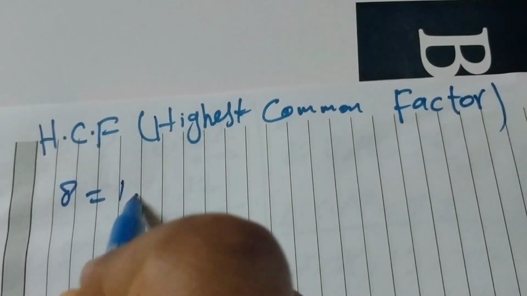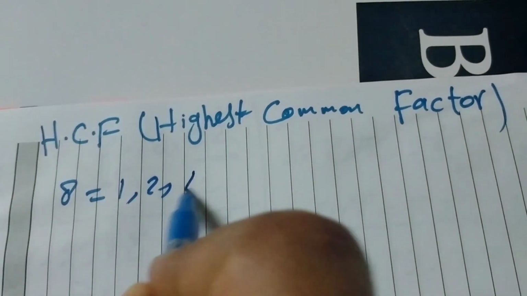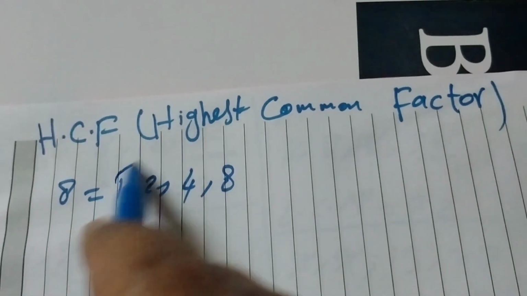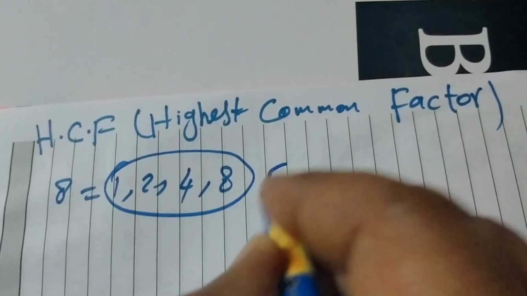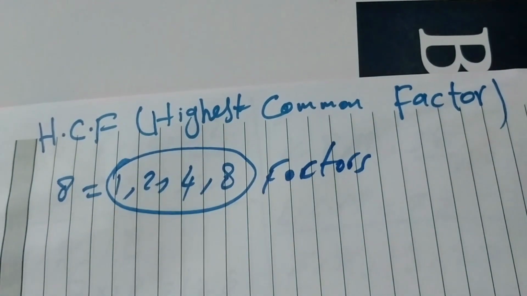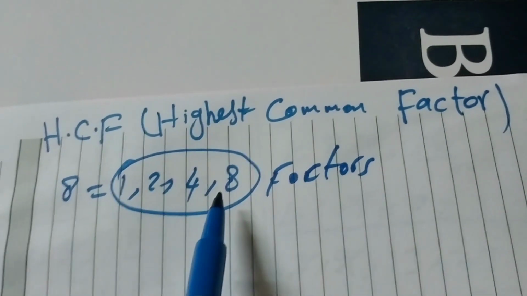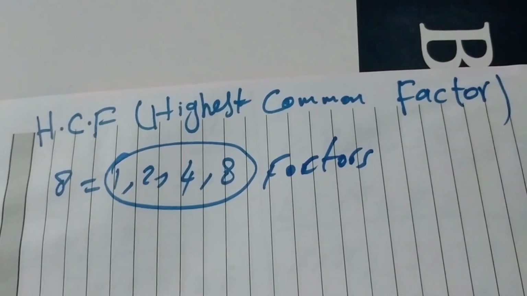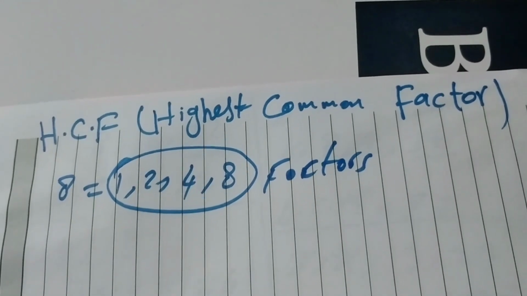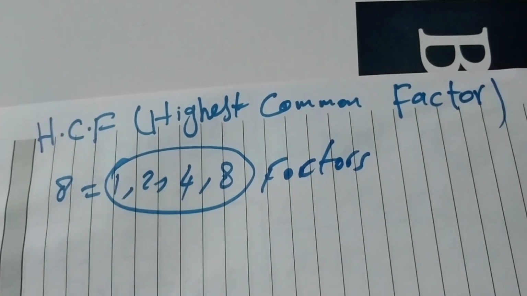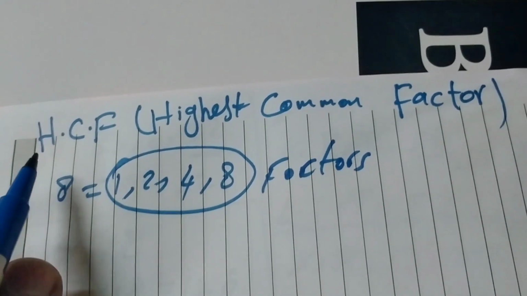For example, 1, 2, 4, 8. These are all the factors of 8. Clear? The numbers which divide the given number are the factors of the given number. Clear, my dear? Now we are going to learn HCF.